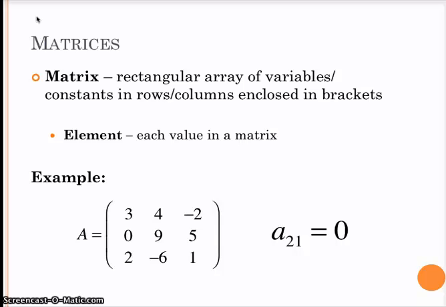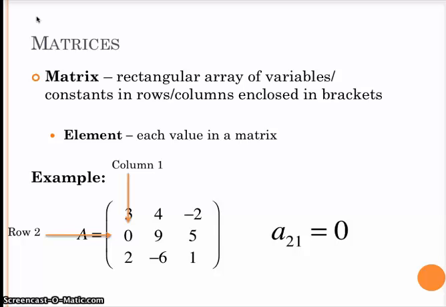Where that comes from, and the fact that this a21 element is 0, is the fact that the element in the second row, that's where the first number comes from in that subscript, and the first column, there's the 1, is 0.